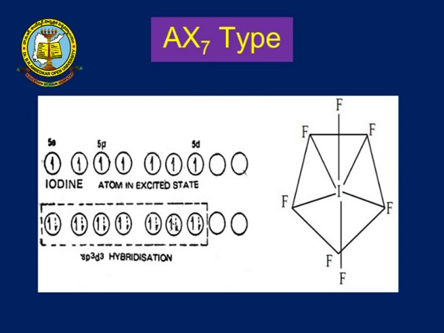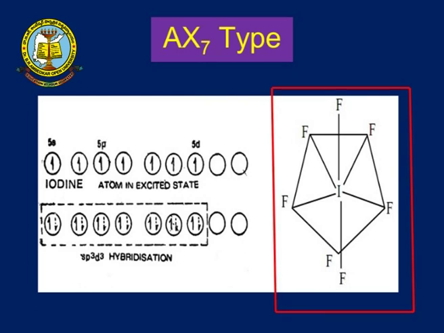So this is the information about the structure. The number of sigma bonds is 7, the number of lone pairs is 0, total 7. 7 means the hybridization is sp3d3, right, and the geometry is pentagonal bipyramidal. So this is the information about the AX7 model.